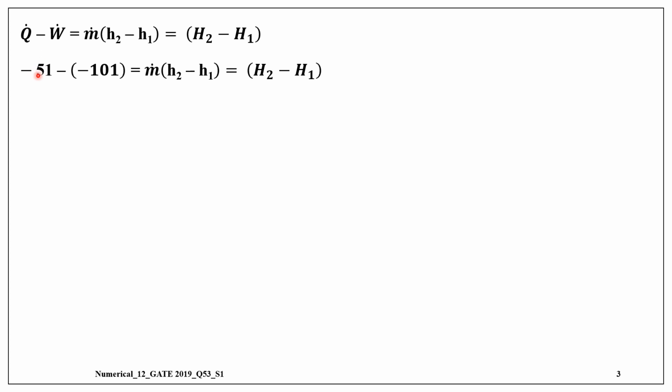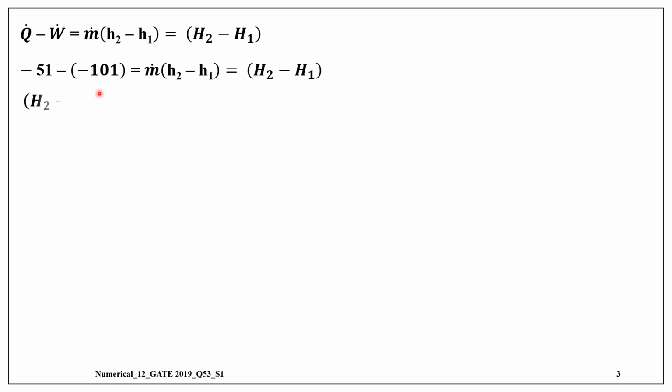Q dot is minus 51 because the heat is lost by the system. Work transfer is minus 101 because work is done on the system. The system is the gas.